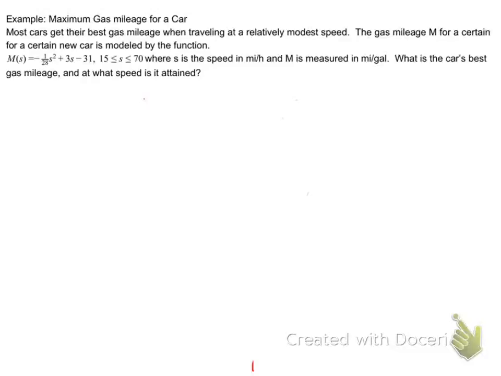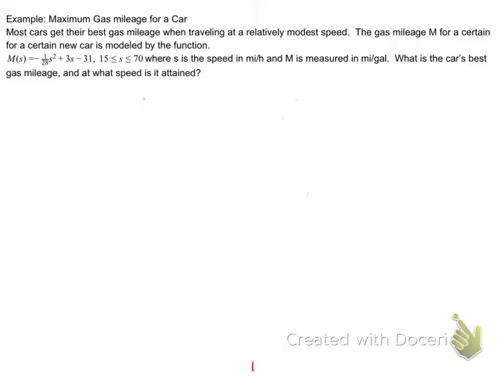But it says that the gas mileage M for a certain new car is modeled by the function m of s is equal to negative 1/28 s squared plus 3s minus 31, from the speeds of 15 to 70, where s is the speed in miles per hour and m is measured in miles per gallon.